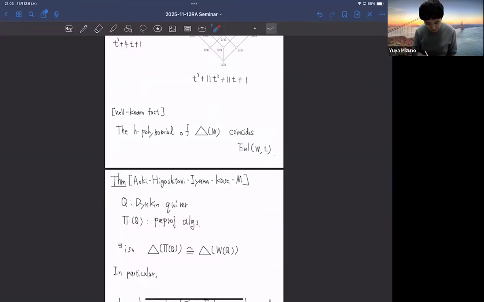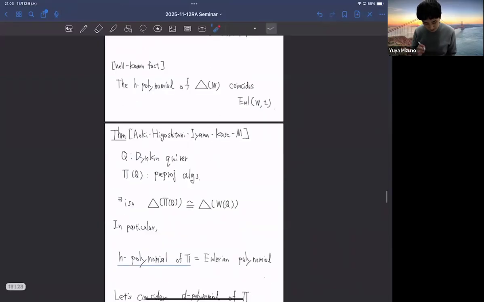Namely, if we consider the Dynkin quiver and consider the preprojective algebra, then the g-simplicial complex is nothing but the Coxeter complex. So in this sense, this g-simplicial complex is quite a natural object.